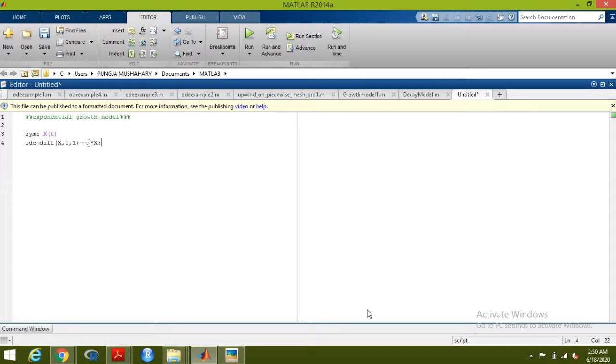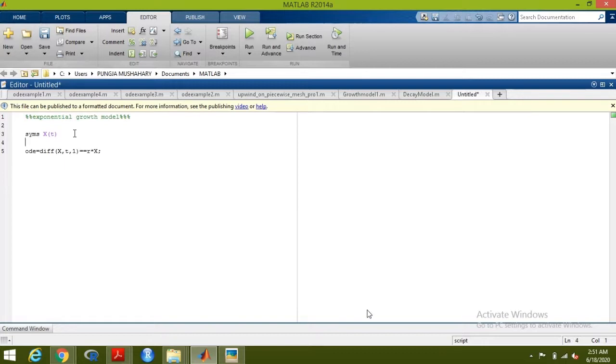If we put a minus here, this growth model becomes a decay model, the same thing. If you put plus r, that means positive r, it becomes the growth model. So r is the variable here, and we need a value for r.